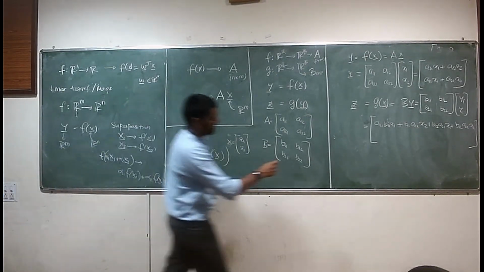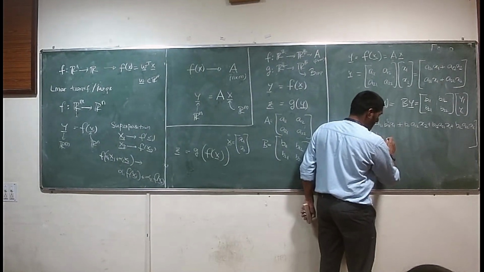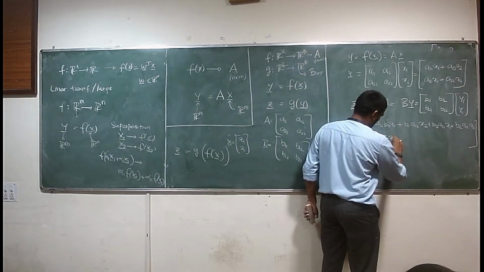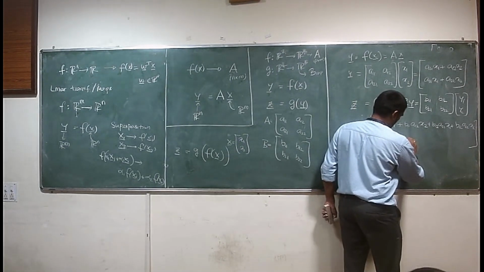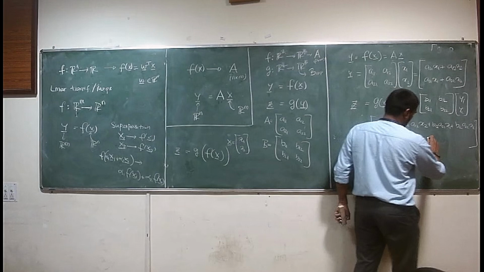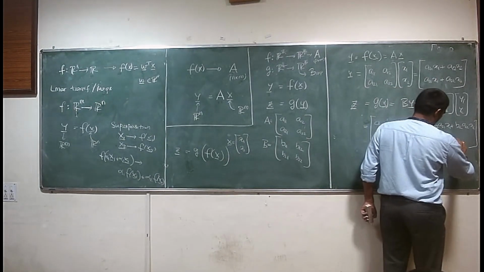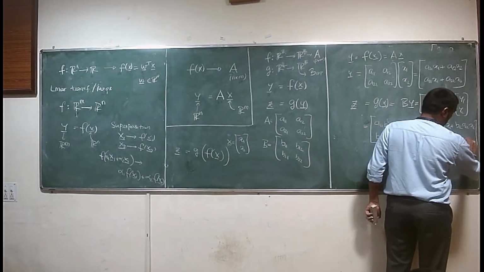You have it? Okay. B21. Two to x2 is there.